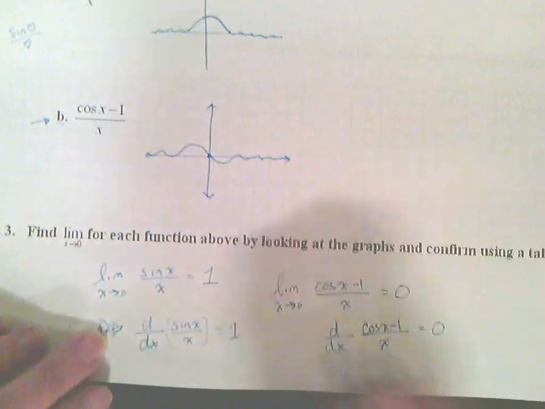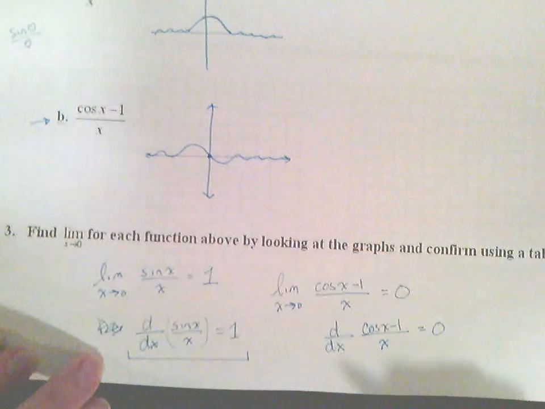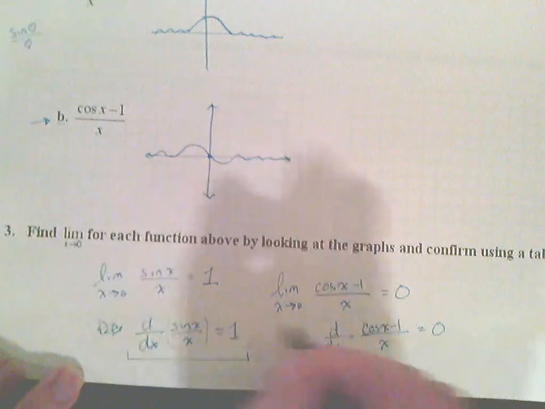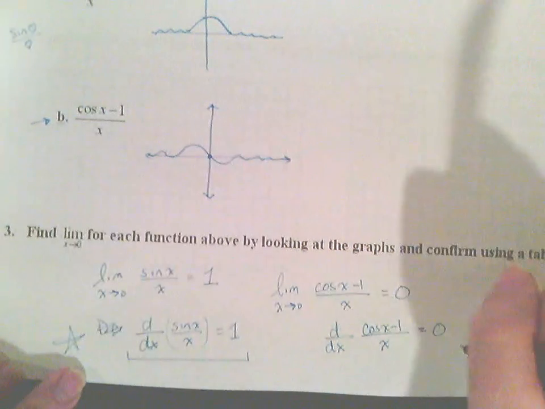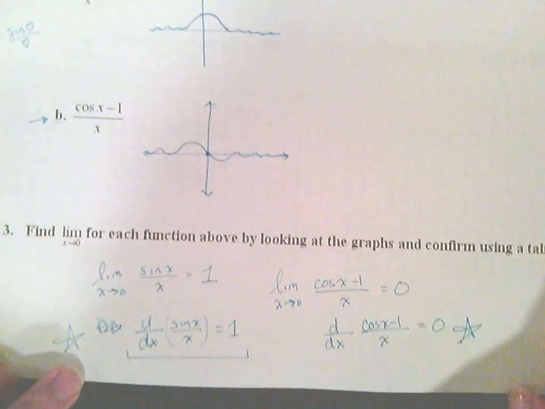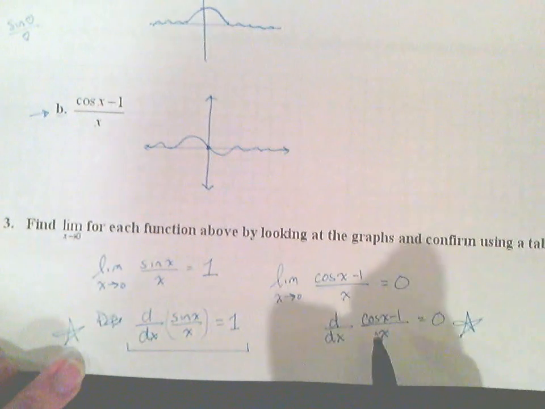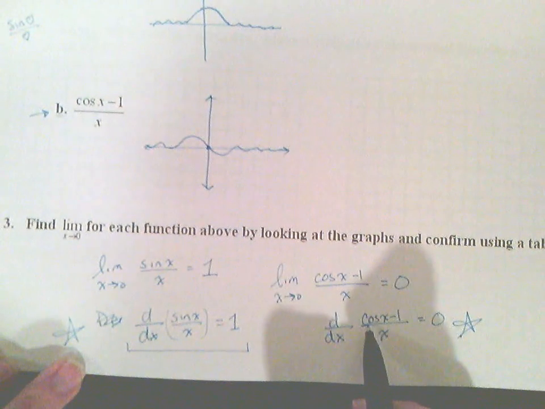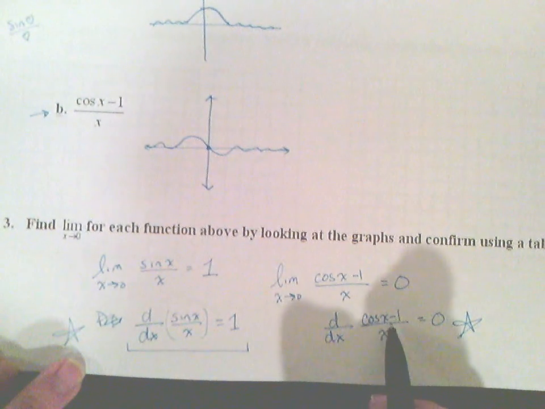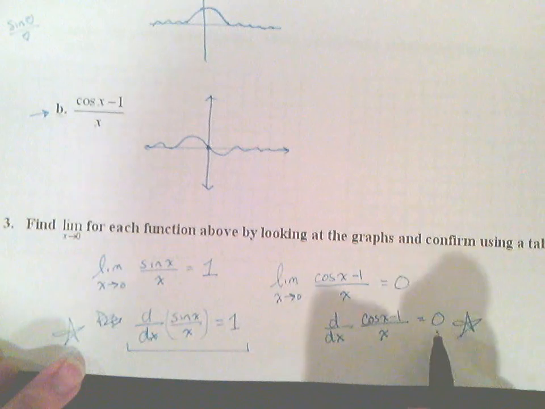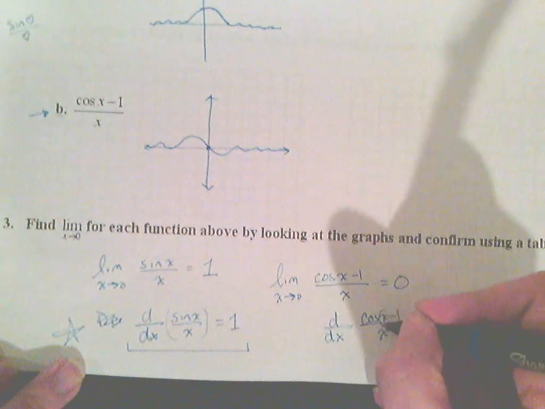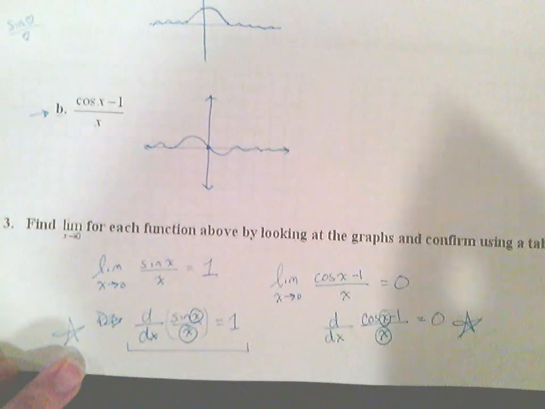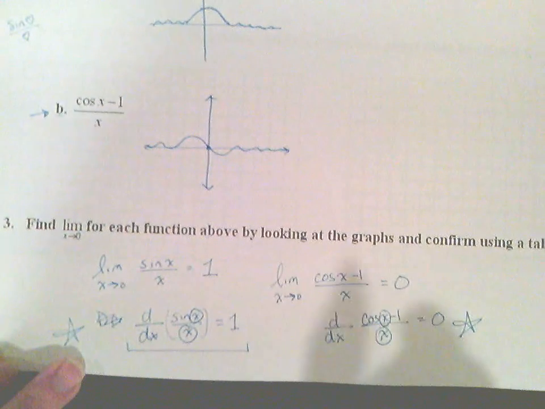Now this is extremely important to know, and you basically have to memorize these. These two functions need to be memorized. Anytime you see cosine of x minus 1 over that same x, so it could be cosine of 3x minus 1 over 3x, that's also going to be 0. As long as these two parts are the same and these two parts are the same, this is the derivative that goes with it.